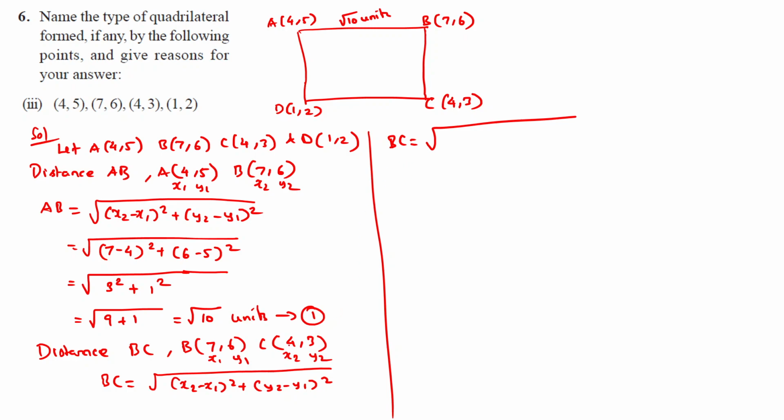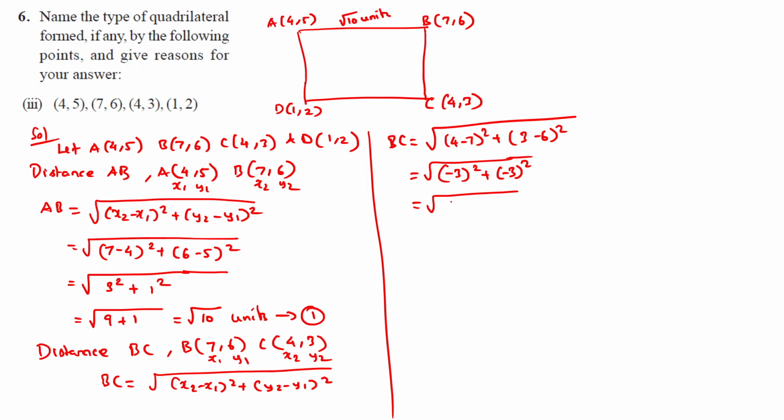Okay, x2 minus x1 is 4 minus 7 whole square plus y2 minus y1 is y2 is 3 minus 6 whole square. So 4 minus 7 is minus 3 whole square plus 3 minus 6 is also minus 3 whole square, that is equal to, we can neglect the negative value because we are having even power.